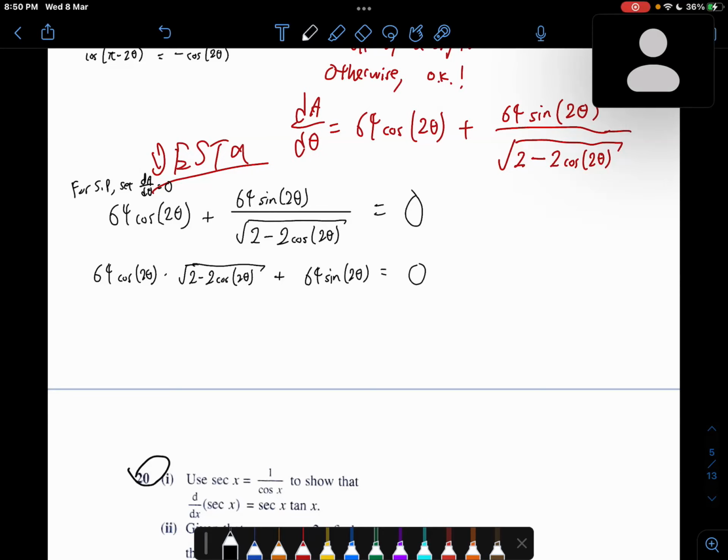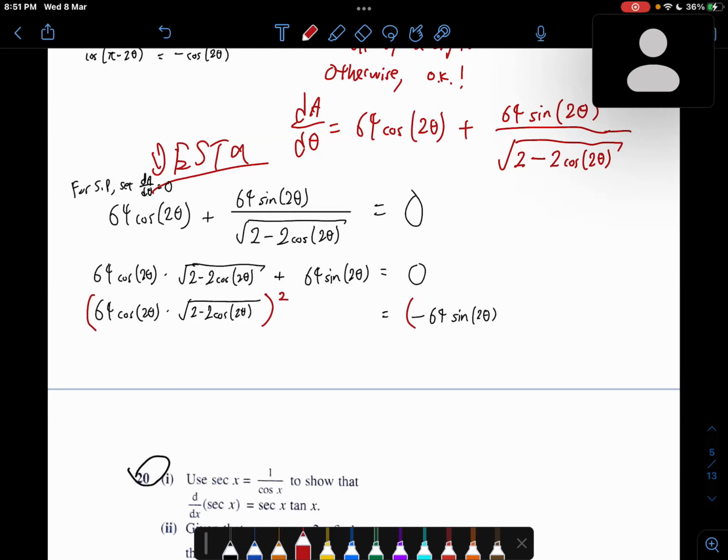When you have a square root, what do you need to do? Square the entire expression, but maybe it would be smarter to bring the other term to the other side first. So 64 cosine 2 theta times the square root equals negative 64 sine 2 theta. Then square the entire expression on the left and the entire expression on the right.